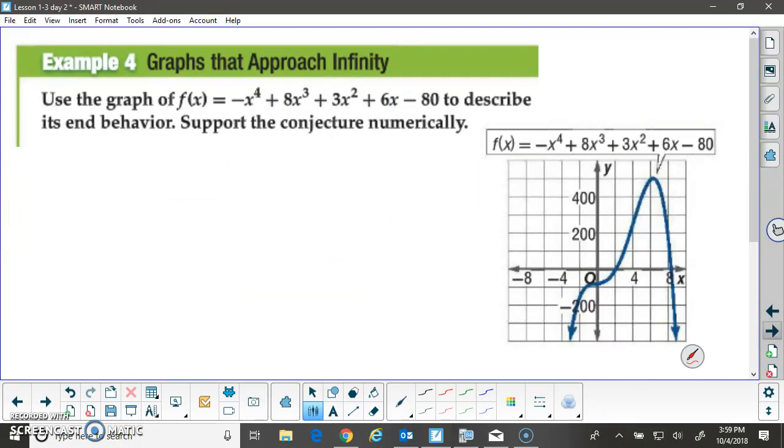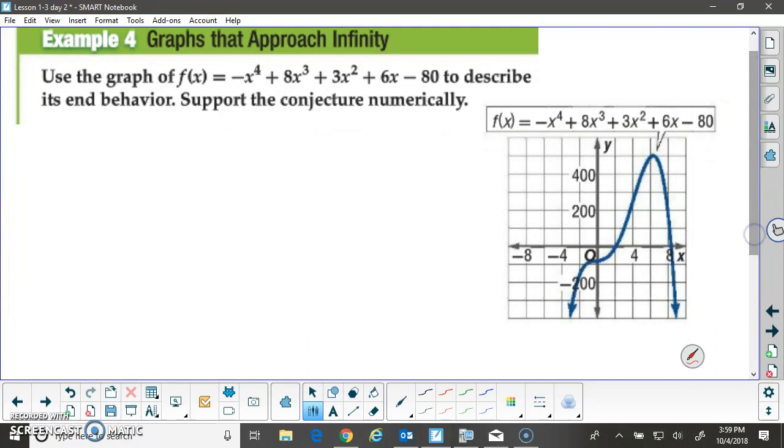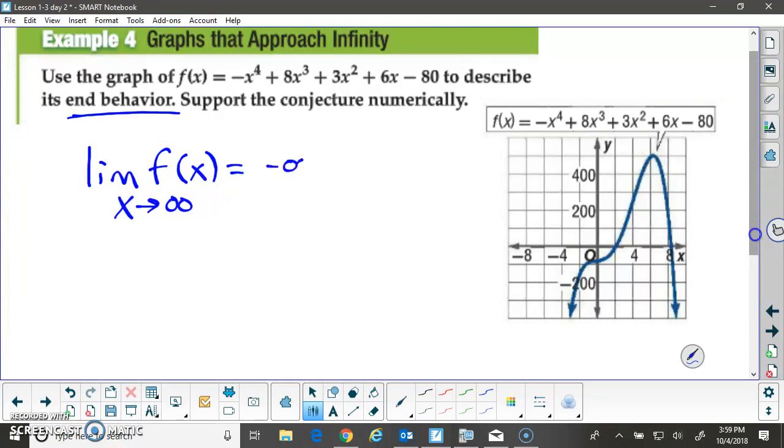So here's an example of a graph. This is what I would call a gorilla guy. And so every time you do the end behavior of a graph, you need to write this. Limit of the function as x approaches infinity. This is describing the right side of the graph. And so on this particular graph, the right side's going down, so I'm going to answer with negative infinity.